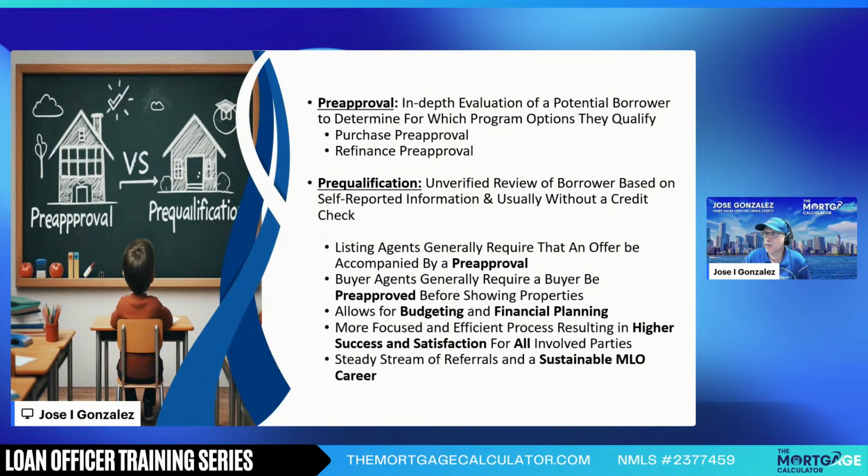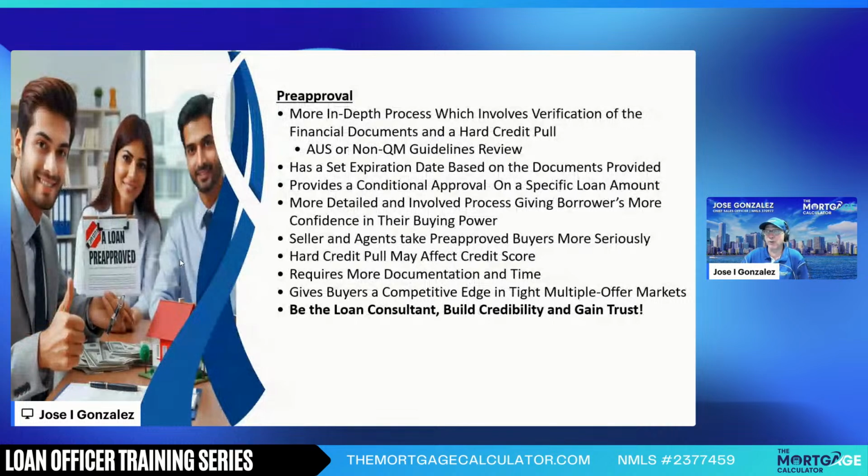So these are all great reasons why you would provide a pre-approval instead of a pre-qualification. But let's break it down a little further so we can add a little bit more detail here. Now, the pre-approval is a more in-depth process which involves verification of the financial documents provided by the borrower and a hard credit pull, right?